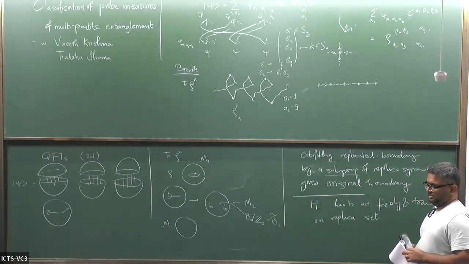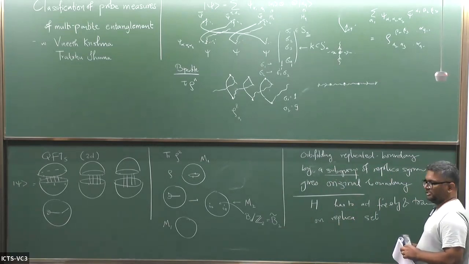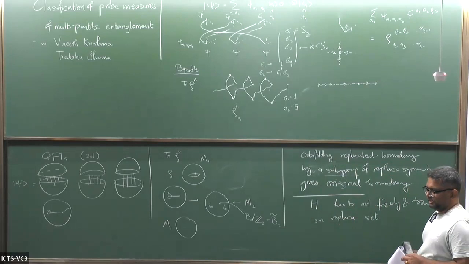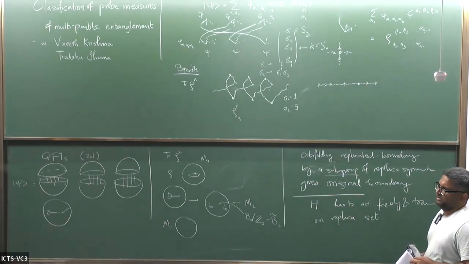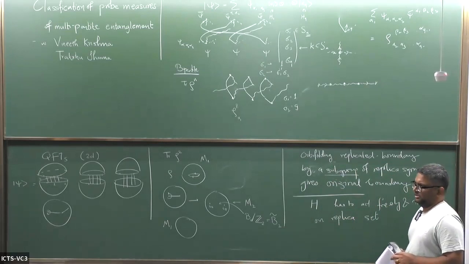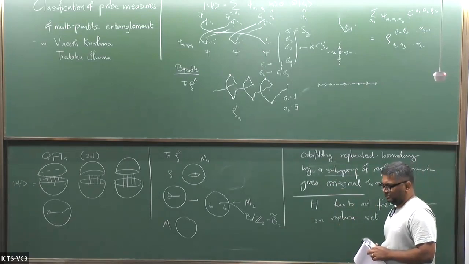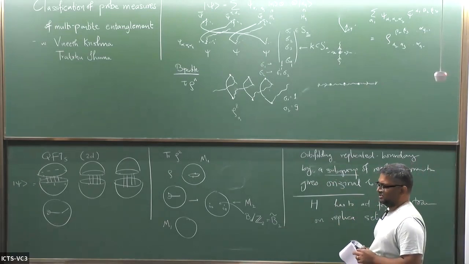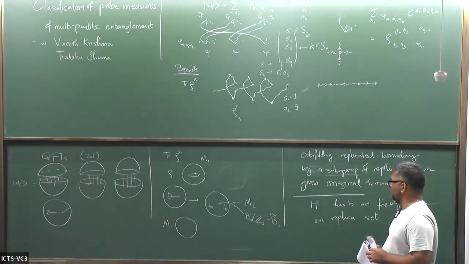If H acts, the whole replica symmetry will also act. If H acts freely, then that should be true for the full replica symmetry? No, not necessarily. I will give you an example where this is not true.